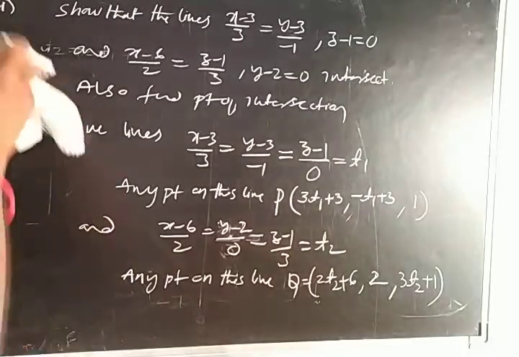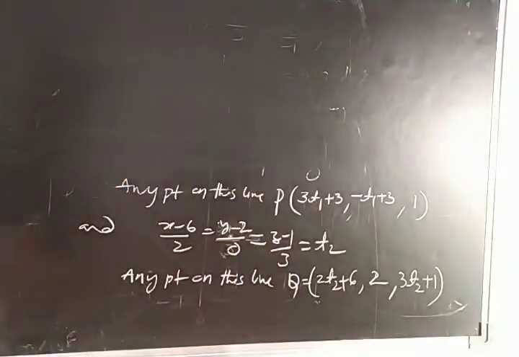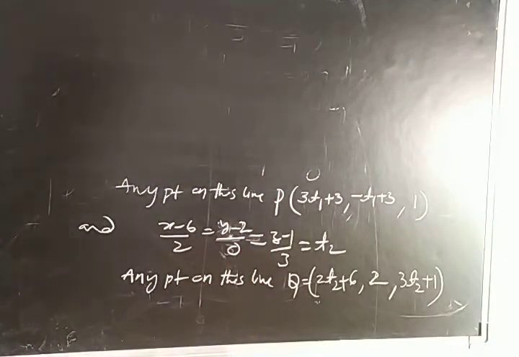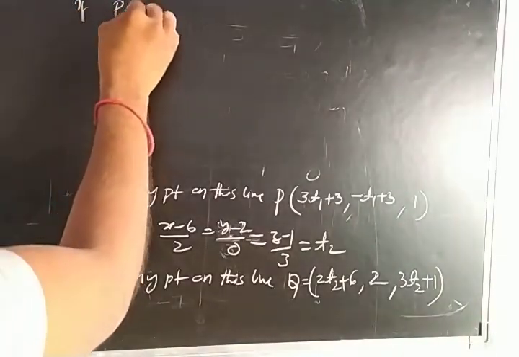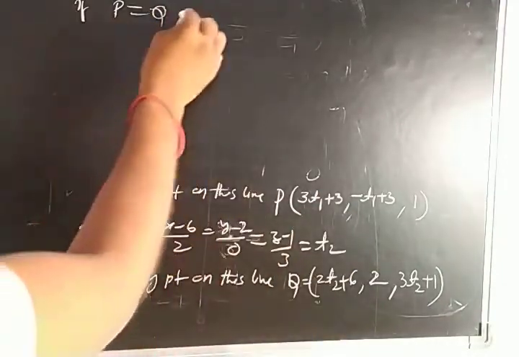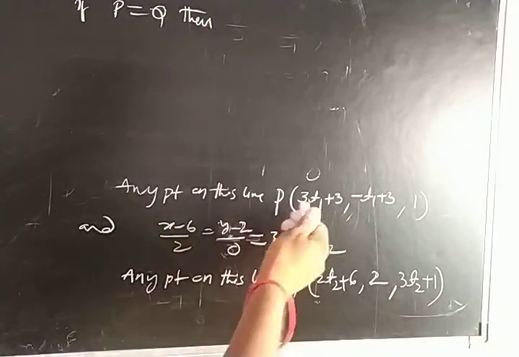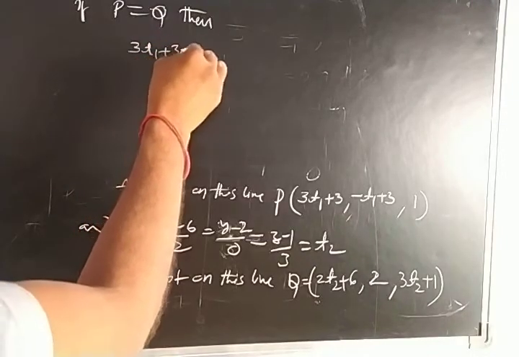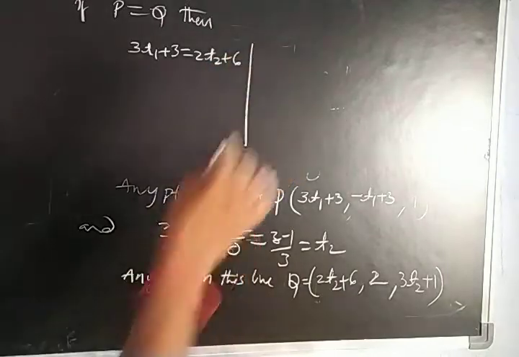If these two points are equal, then we will get t1 and t2 values. If you substitute t1, t2 in P, Q and get the same point, then we can say they are intersecting each other. So if I equate P and Q, we get three equations. First: 3t1 plus 3 is equal to 2t2 plus 6.